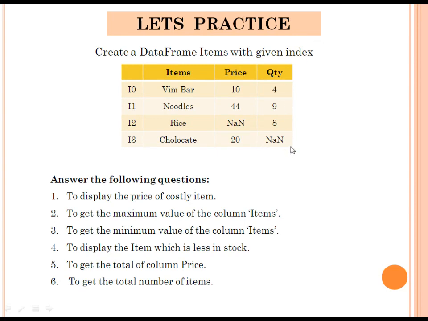And when we are talking about stock, of course you have to see about the quantity. And children, remember, NaN value is exempted. So the thing which is less in stock is 4, Vimba.